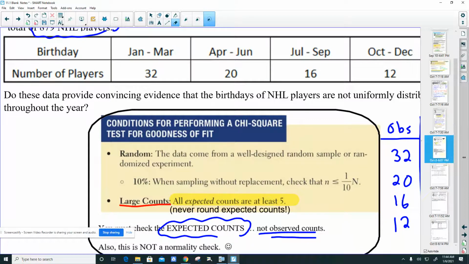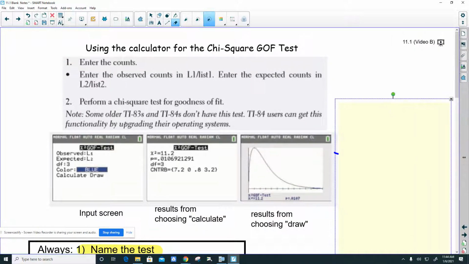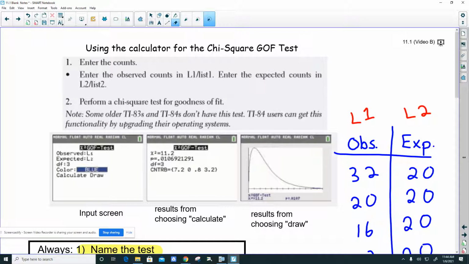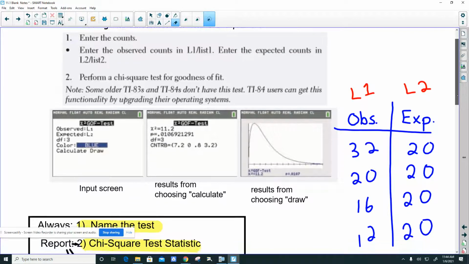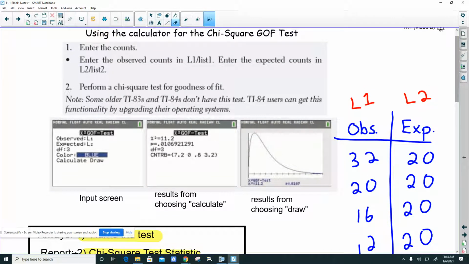So on the next page, what I have behind this box here is basically just a copy of those expected counts and the observed counts. And if you're going to run the chi-square goodness of fit test on your calculator, you're going to need to input all of your observed values into L1, and you'll need to input all of your expected values into L2.